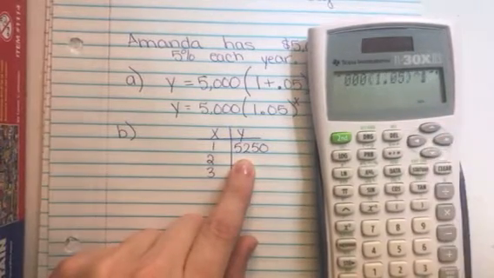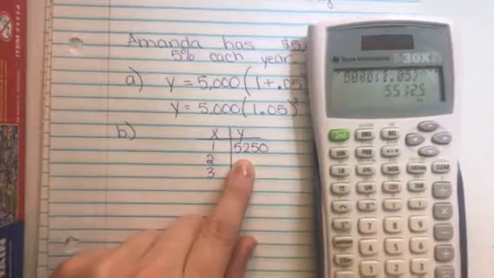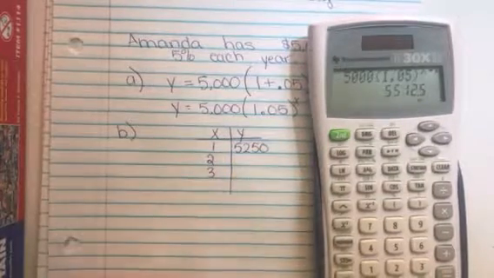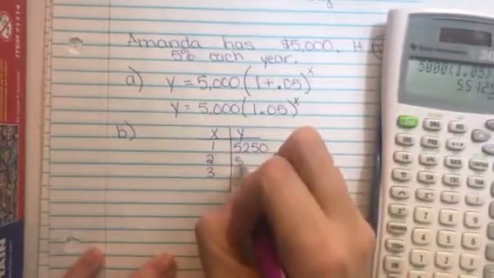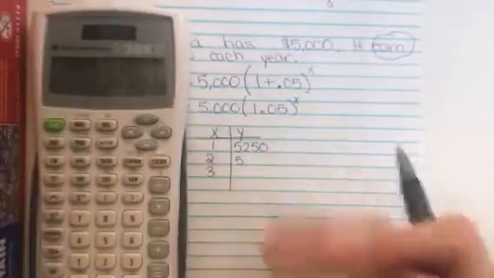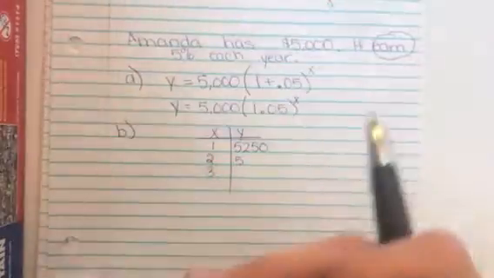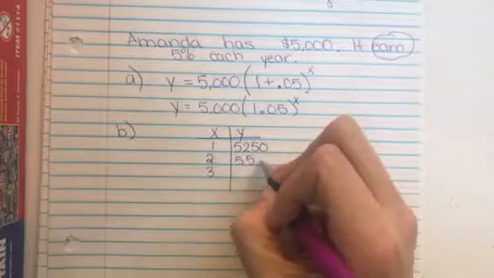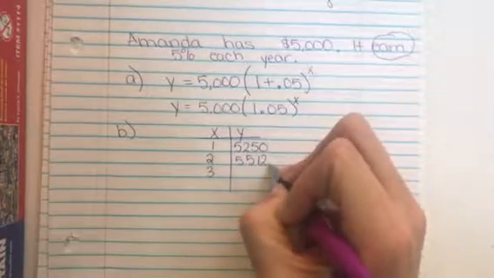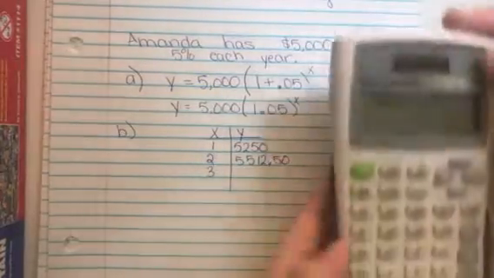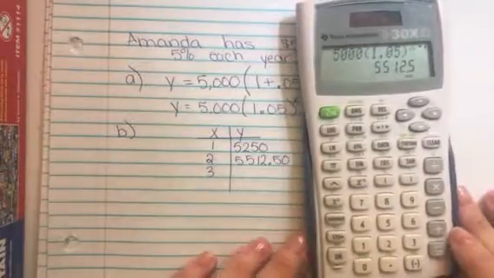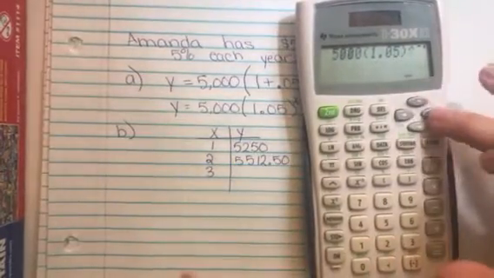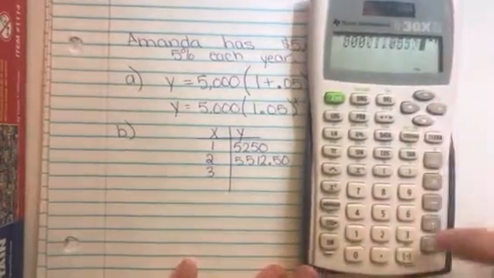Okay, so maybe if I want to see after 2 years, my bank account will have, I don't have enough space on my screen, sorry, $5,512.50. Right, I can arrow up and change again if I want to calculate 3 years.